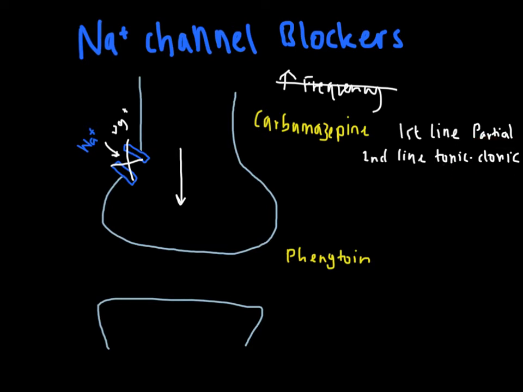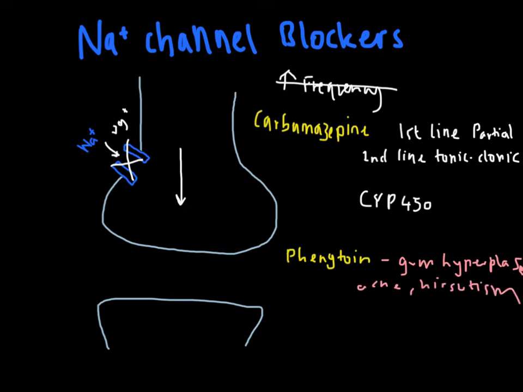They both interact with cytochrome P450, and phenytoin has some notable adverse effects that they like to test you on, including gum hyperplasia, acne, and hirsutism. And it's as a result of these adverse effects that we prescribe carbamazepine over phenytoin.